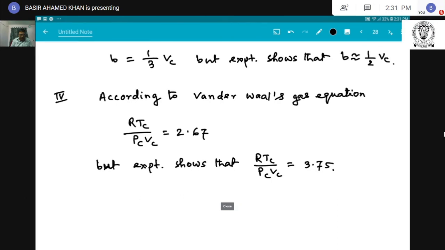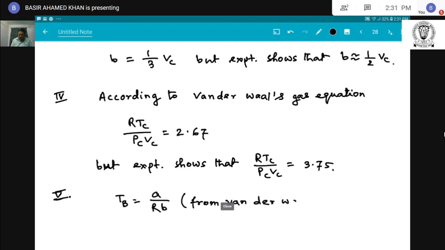And next, the actual Boyle temperature differs from the value deduced from the van der Waals equation. Now we know that the Boyle temperature TB equal to a by Rb, from van der Waals equation.